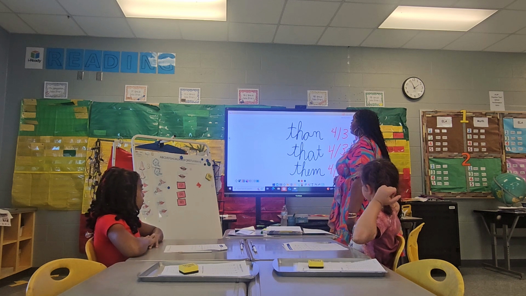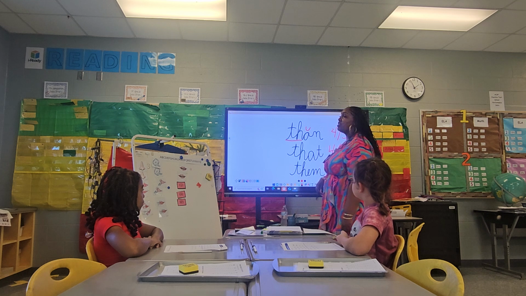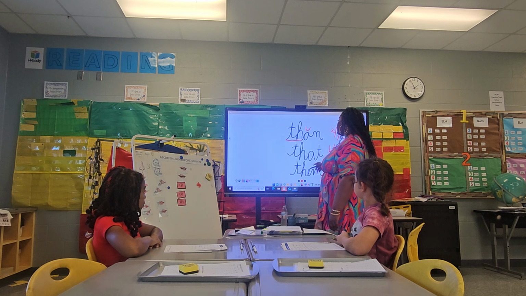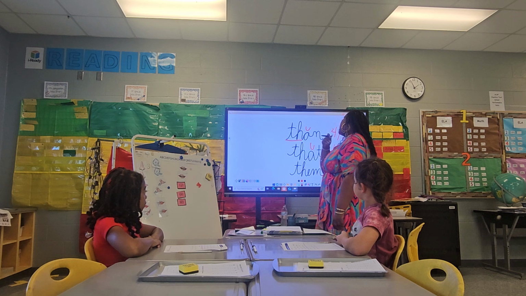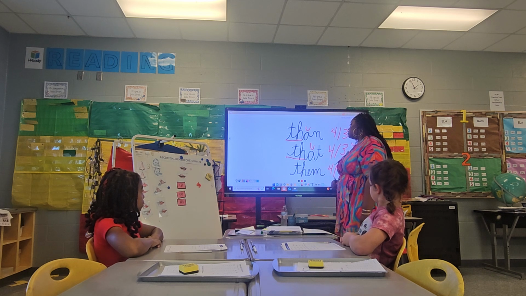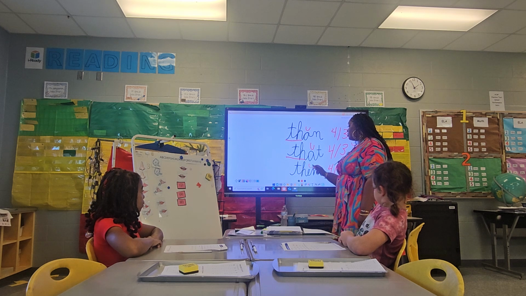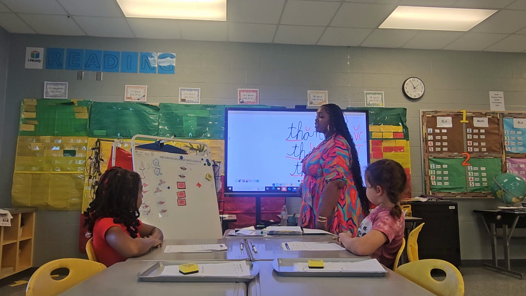All right, so short vowel, closed syllable coated with the breve, underline digraph TH, van. Short vowel, closed syllable coated with the breve, underline digraph TH, that. Short vowel, closed syllable coated with the breve, underline digraph TH, them.